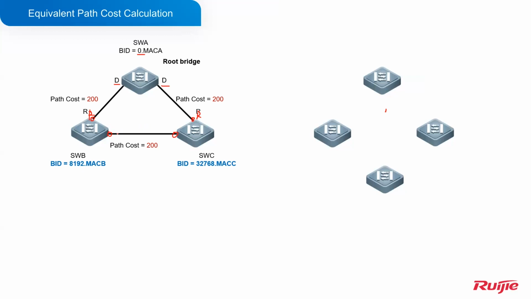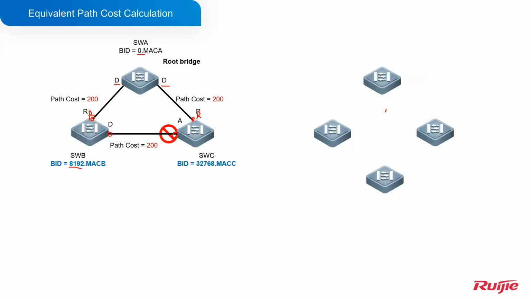After comparing the bridge ID, we find SWB has a lower bridge ID because it has a lower priority. So the port on the left is the designated port, and obviously the port on SWC, which is connected with SWB, will be blocked. It's the alternate port. Okay, so this is the equivalent path cost calculation in this case.